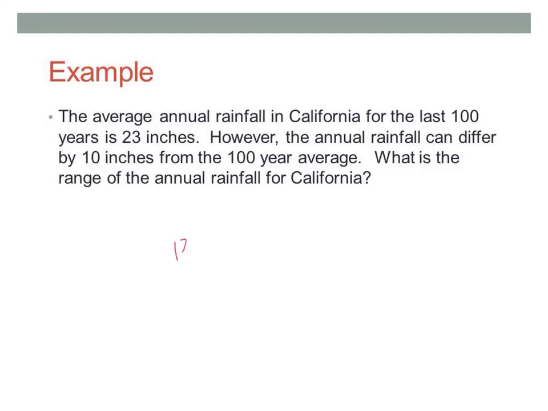It could be 13 inches all the way up to 33 inches, right? So you just take your average, or what it should be, and then we added and subtracted 10 from that, right? The 100 really didn't have anything to do with it. So we added and subtracted 10 to find that range.